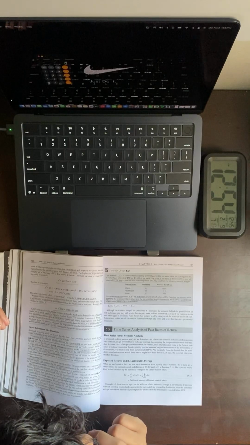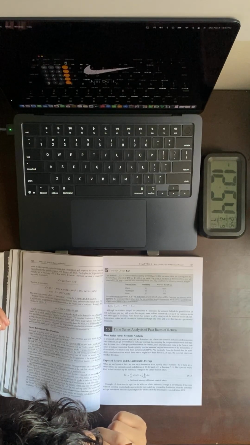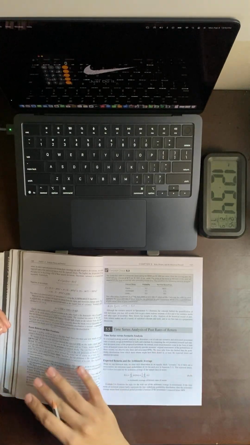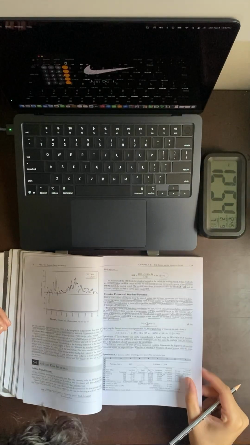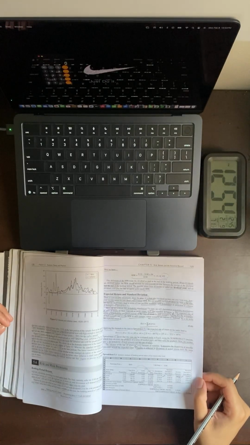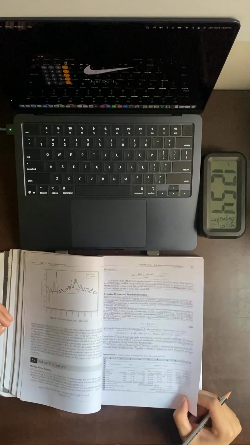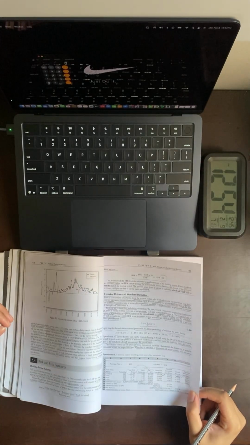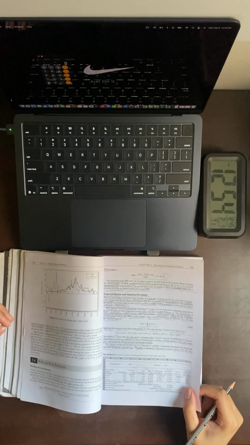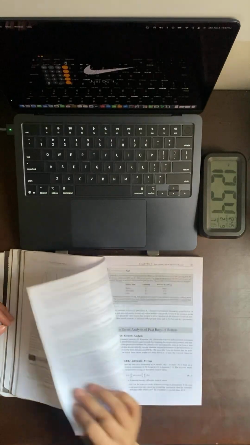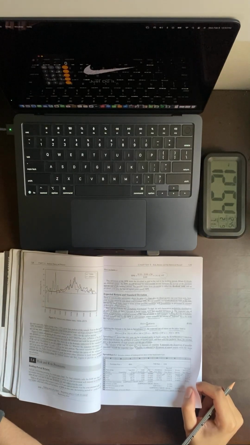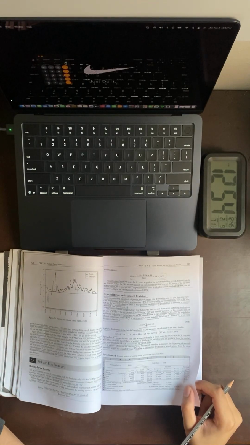Calculate the HPR. Okay, so in the first one, this is a probability distribution. You have to multiply it by the things. HPR equals to that.